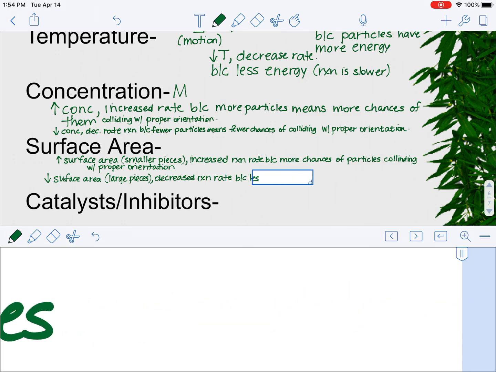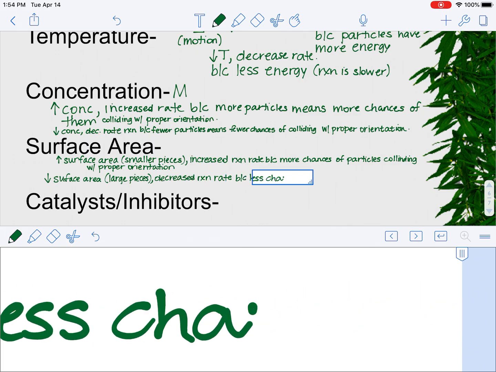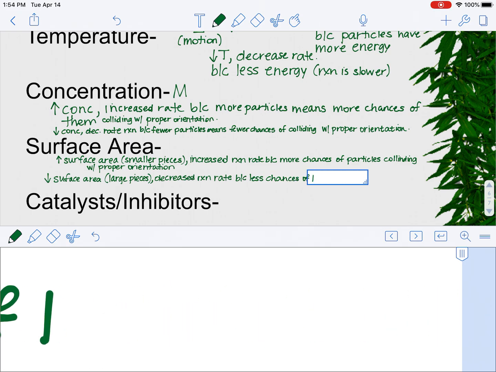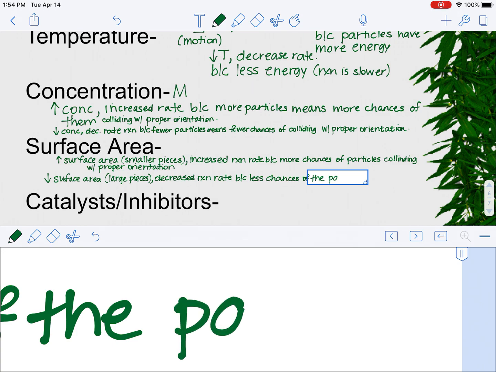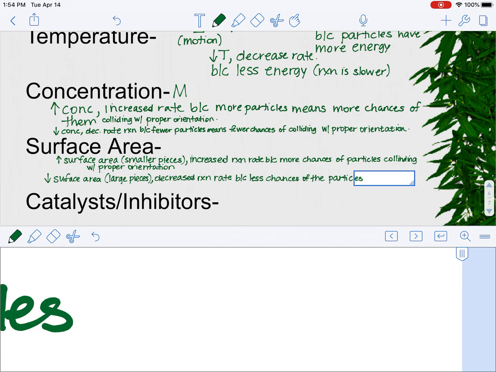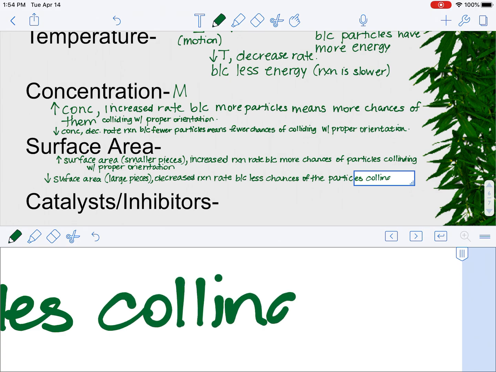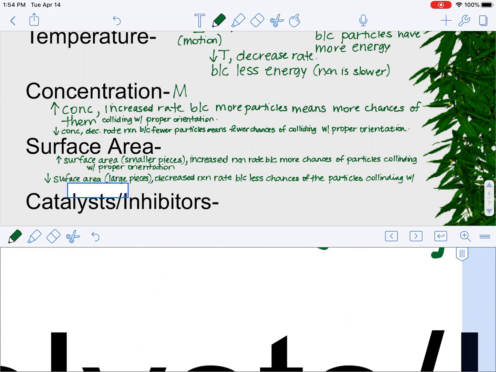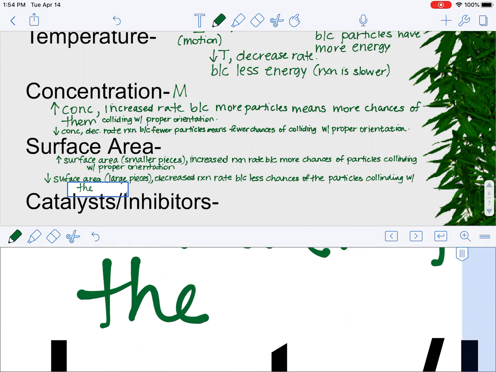And again, it has to do with the chances, because we now have less chances of the particles colliding with the proper orientation.